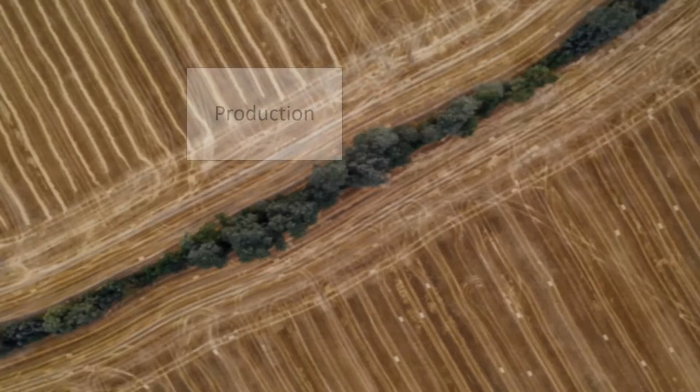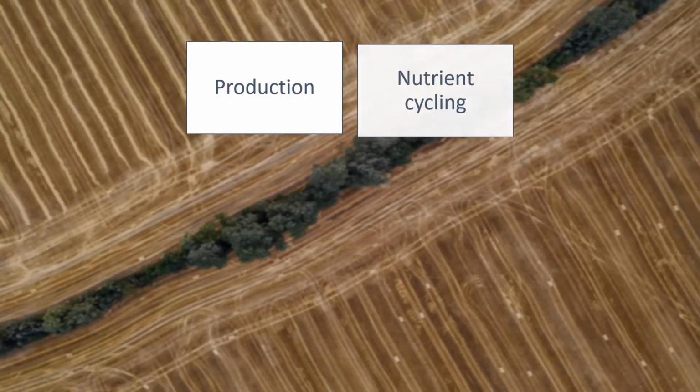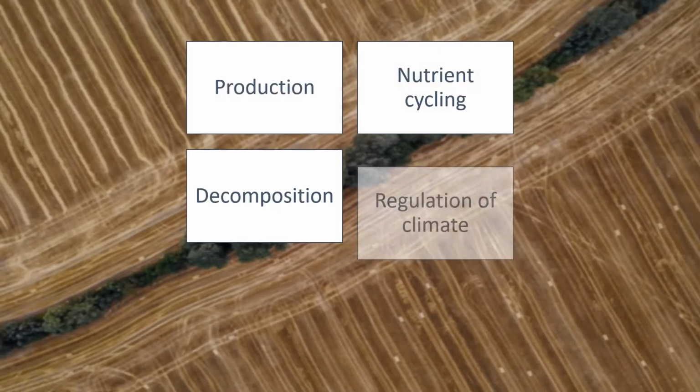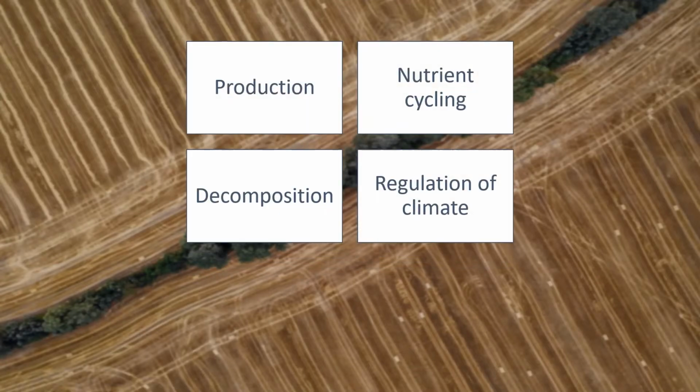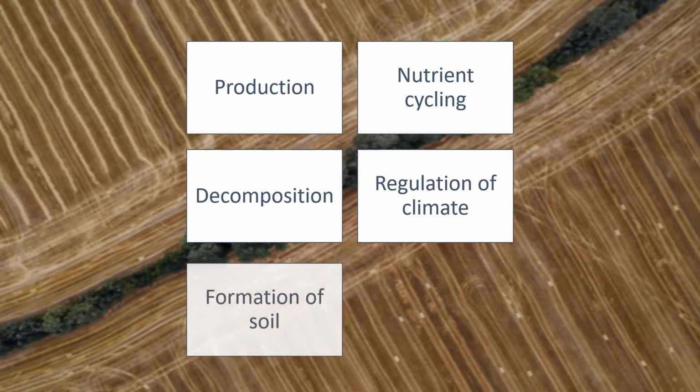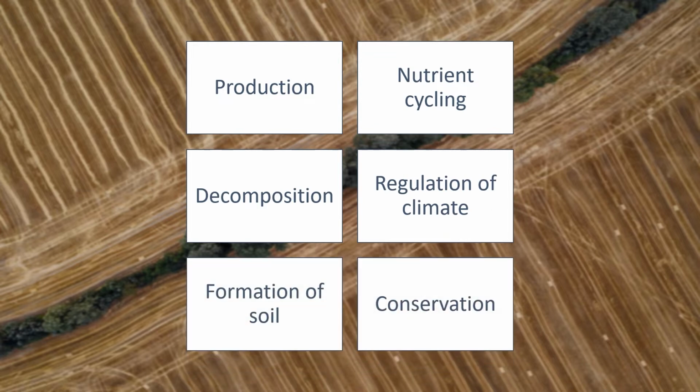In an ecosystem, there are a number of species which participate in ecological processes such as production, nutrient cycling, decomposition, regulation of the climate, in addition to the formation of soil and conservation. These functions create a condition suitable for the existence of life.